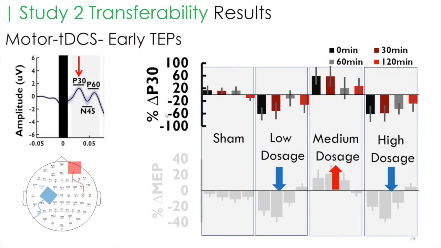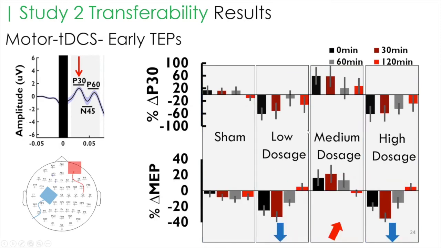For the neurophysiological effect of tDCS, we saw that low dosage tDCS reduced the early TEP, P30, while medium dosage enhanced it, and then high dosage again reduced it. This is in line with the MEP results that we obtained: the reduction, a trend-wise enhancement by medium dosage, and again a reduction by high dosage.